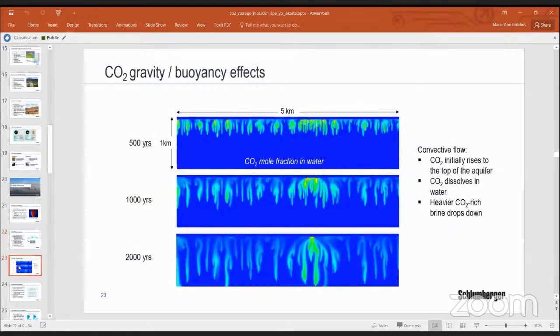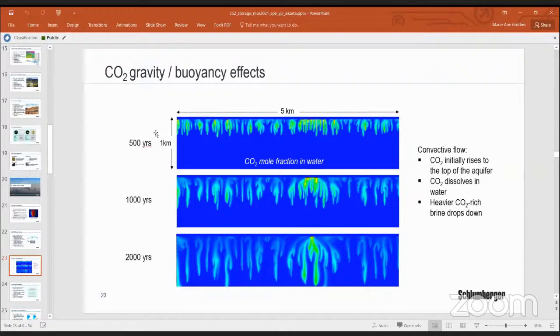Some of the effects that you see when you run a simulation model of CO2 include the gravity and buoyancy effects. So here we have a view of a hypothetical CO2 storage model after 500 years, after 1,000 years, and after 2,000 years, where you can see the CO2 is fingering down into the water.